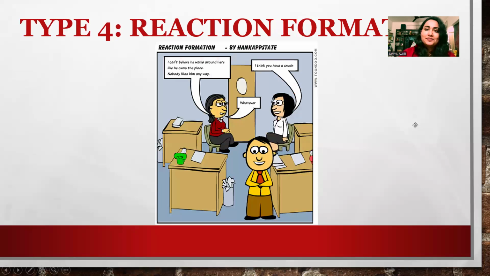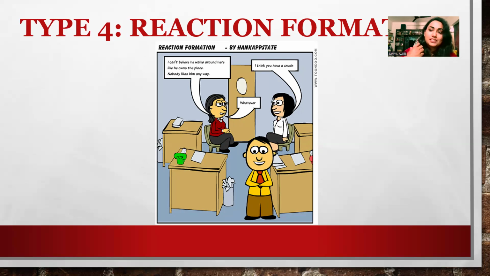Going ahead, this is one of the most famous types of defense mechanism, that is reaction formation. Now, reaction formation, I'm 100% sure each and every one of us has utilized sometime or the other. Reaction formation यानी कि whatever you feel, you are going to behave in the exact opposite manner. For example, you literally hate your boss.